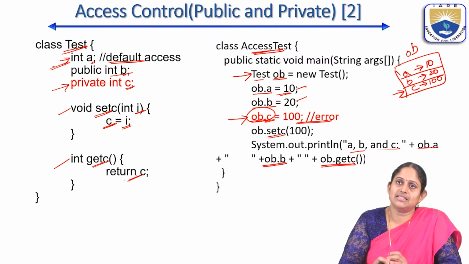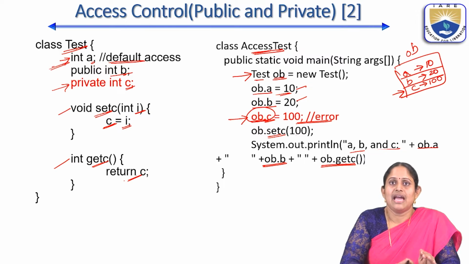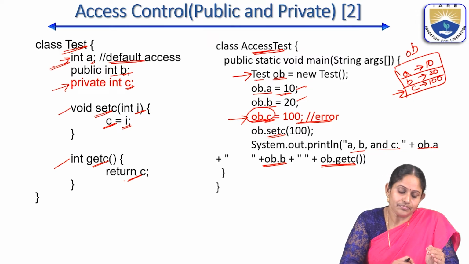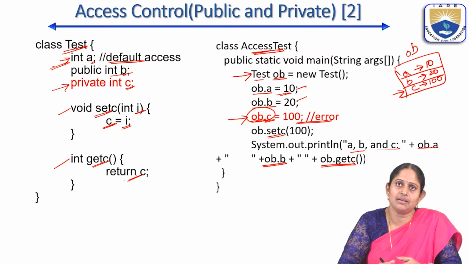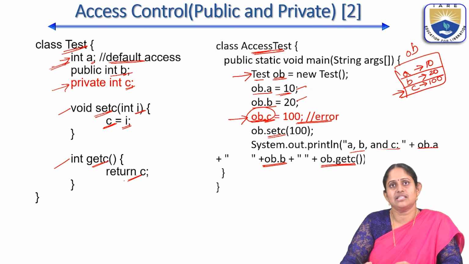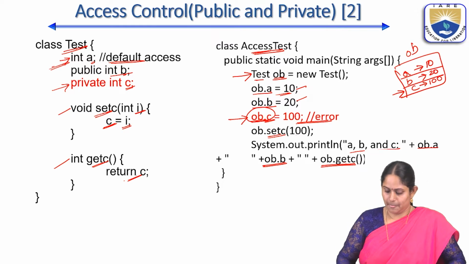And the default methods and variables can be accessed within the classes in the same package. And protected members can be accessed by those classes which are inherited from that particular class. The child class can access all the protected members of the parent class.